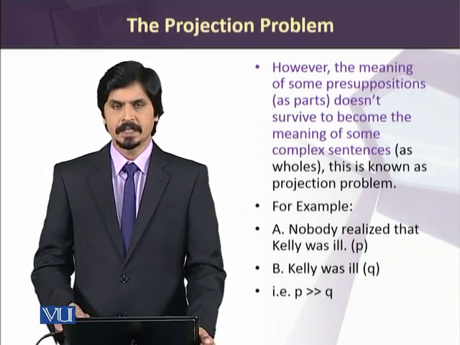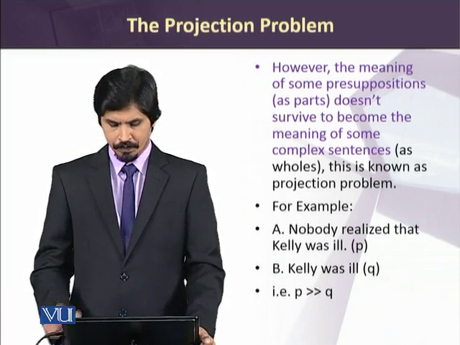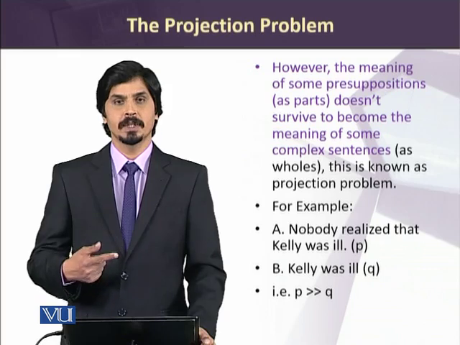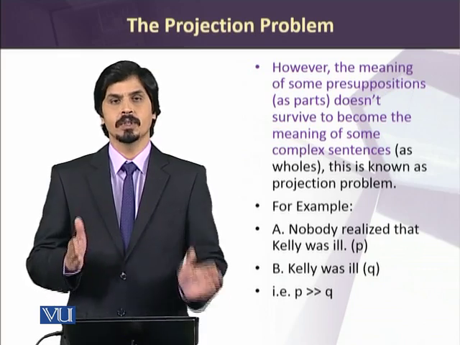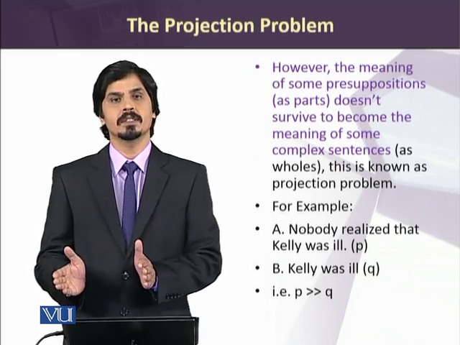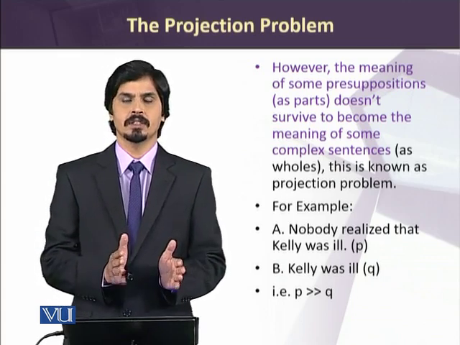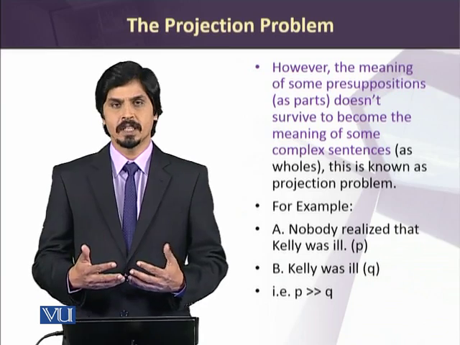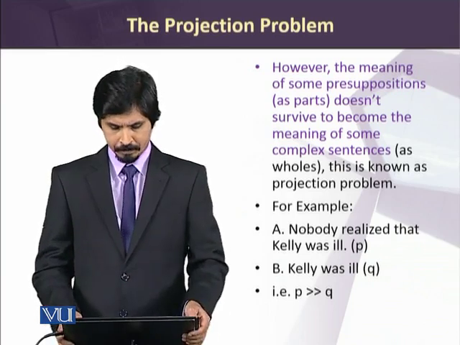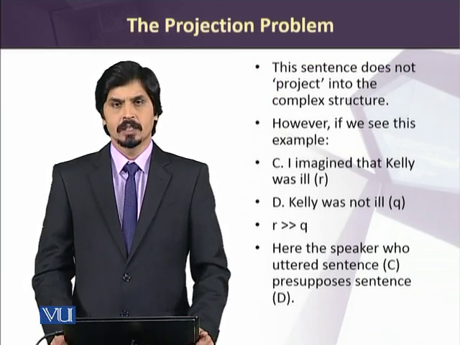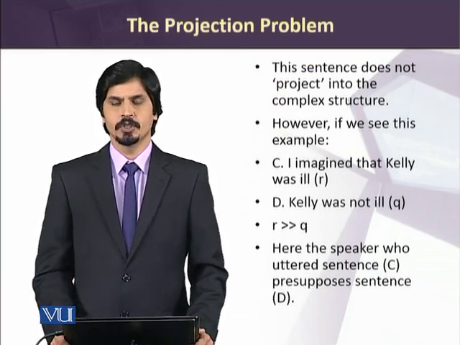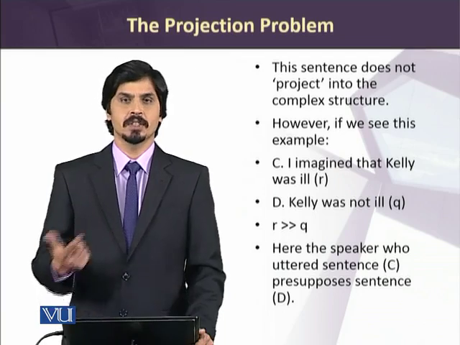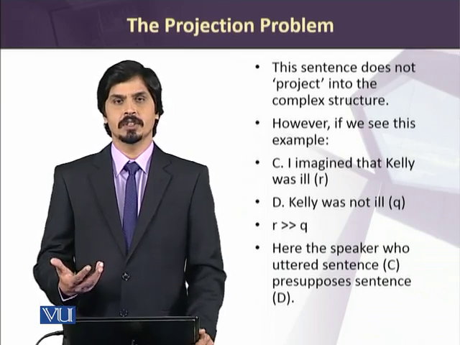So we can simply say P leads to Q. In the coming slides, we will see how, when we combine this assumption with another sentence, it changes or does not remain intact. This sentence does not project into the complex structure. When we combine it with another sentence, this might change its assumption.